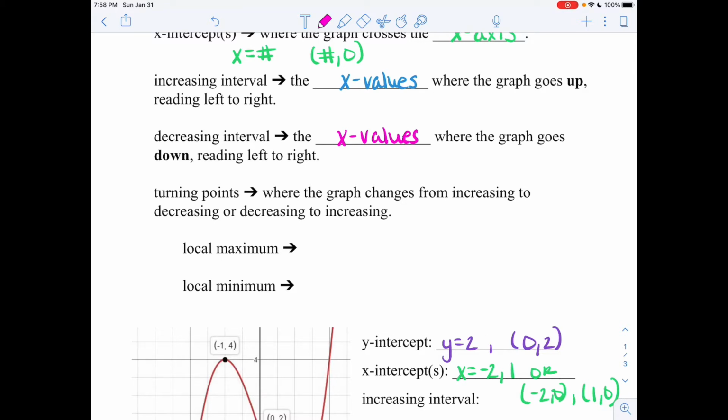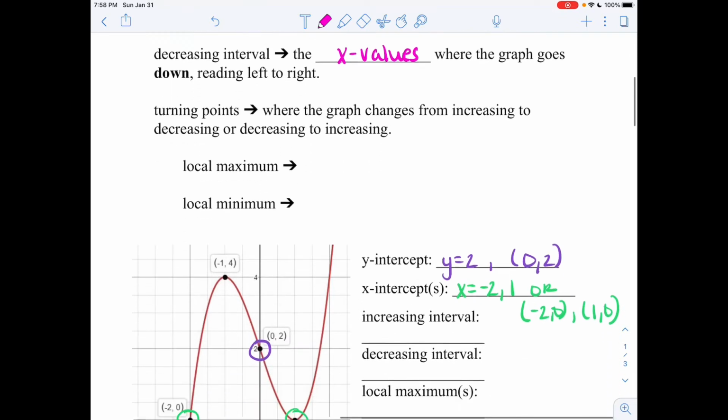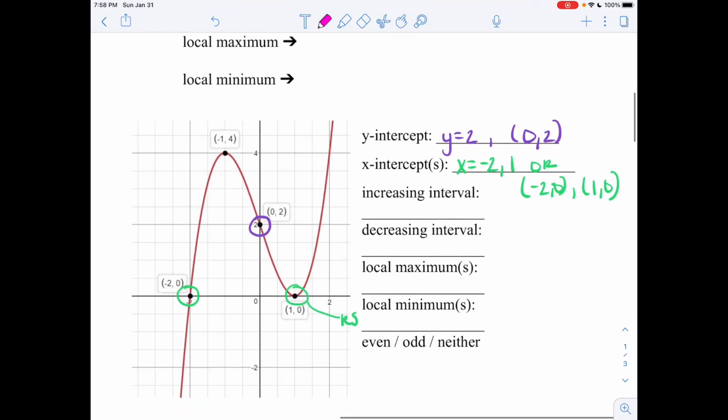And so what I'm going to do is I'm going to go ahead and do some dashed lines where those points happen so that we can get a really good feel for that. So I see that I have a point where I go from increasing to decreasing right here.